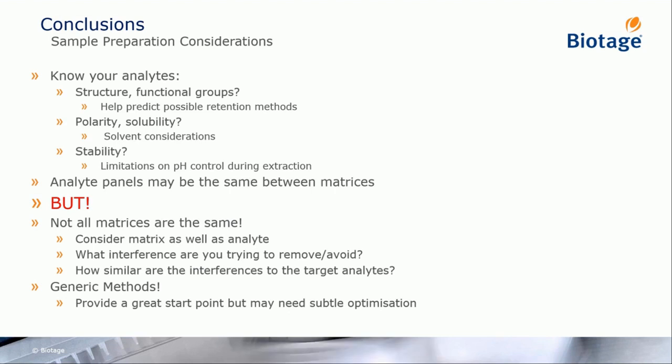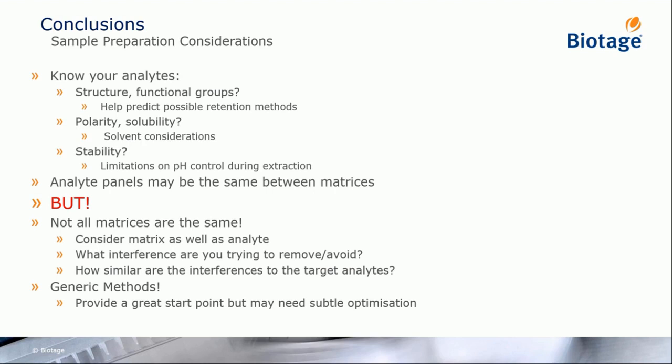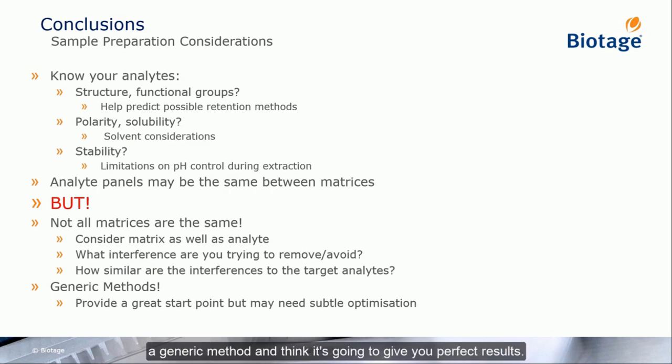However, not all matrices are the same. You need to consider your matrix as well as your analyte. What interferences are you trying to avoid? How similar are they to your target analytes? And finally, generic methods give you a really good start point, but they may need subtle optimization. So don't just use a generic method and think it's going to give you perfect results.